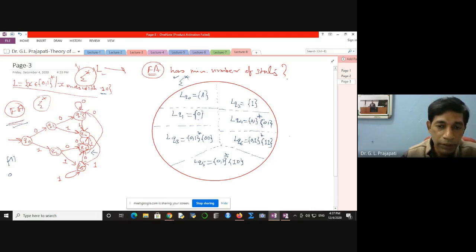On receiving the string 0, your FA goes to the Q1. Means your FA tries to remember the null string and your FA tries to remember the string 0. And also for all such strings it goes to the Q3. This means this set of strings your FA is remembering as different from this set of strings.